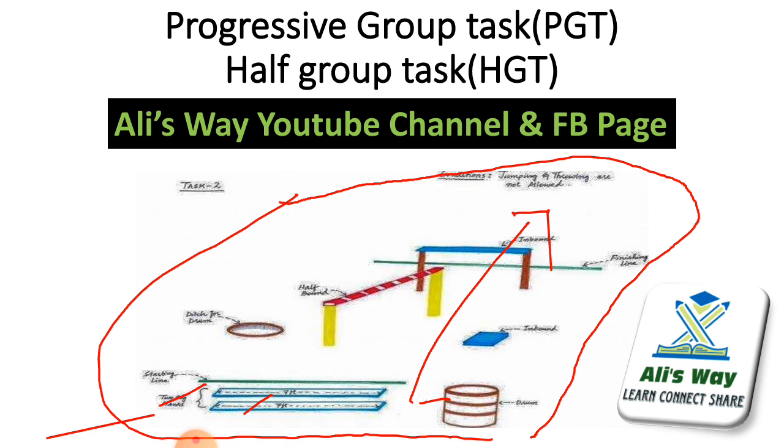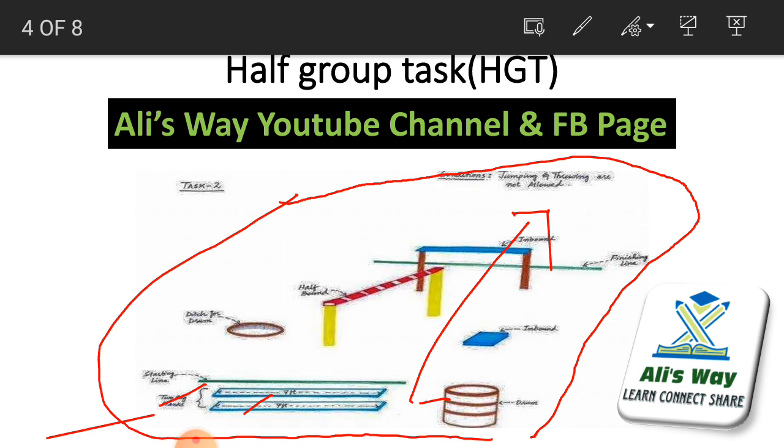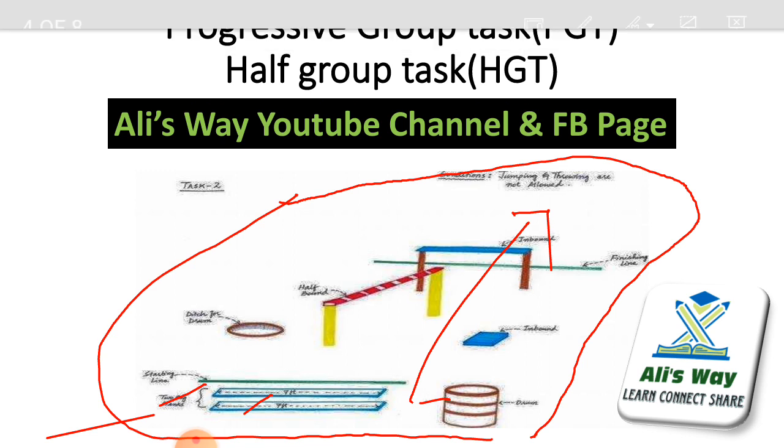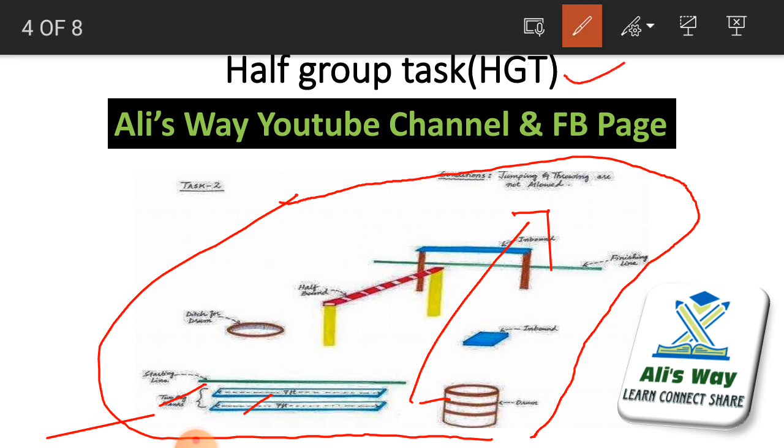After your progressive group task, your whole group of 10 to 12 members will be subdivided into 3 to 4 members, and your subdivided group will be given the half group task. The half group task will be smaller than the progressive group task, and you will be given 6 to 8 minutes to complete it.